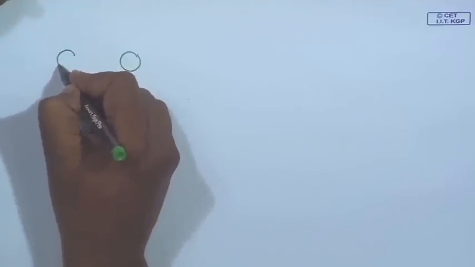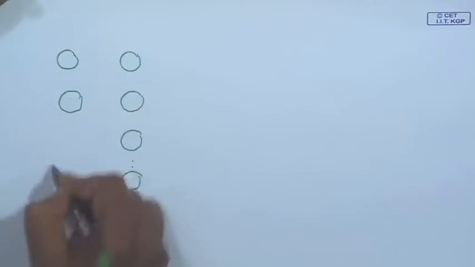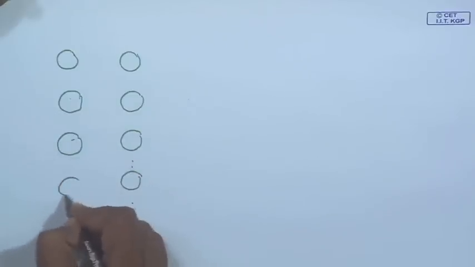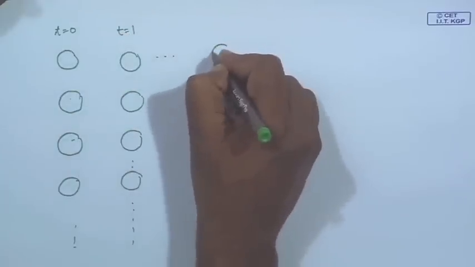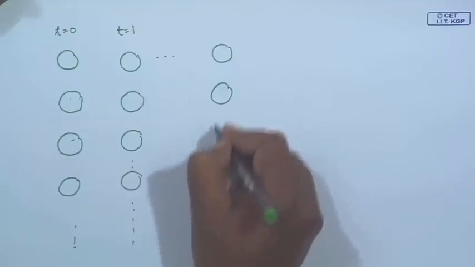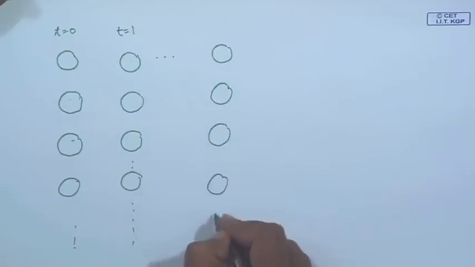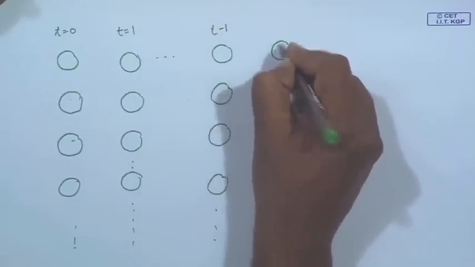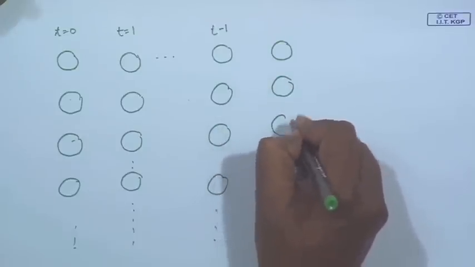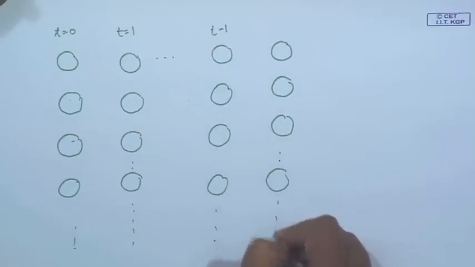These represent states, and at different time steps I will have the same number of states. This is the time step t equal to 0, this is at t equal to 1. Similarly, this is t minus 1, I will have time step t, and it continues like this.